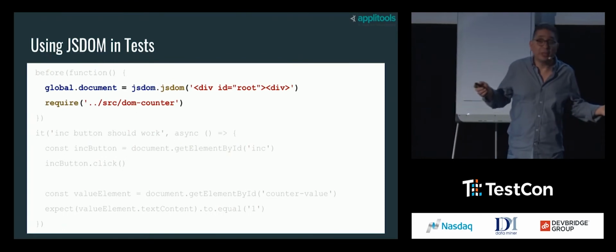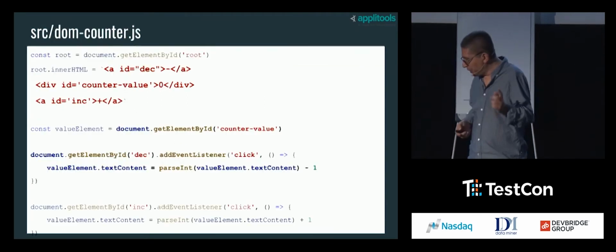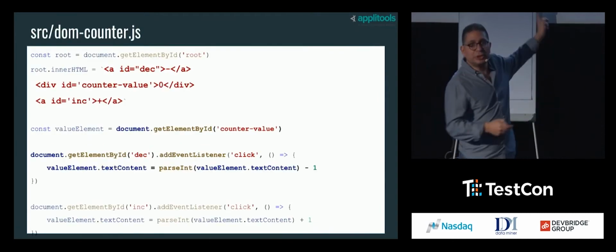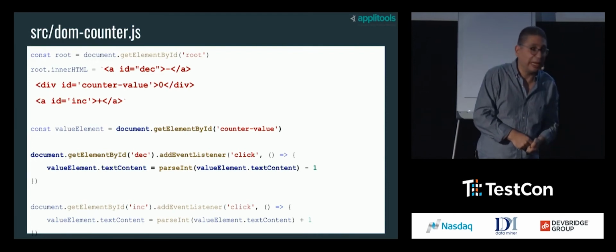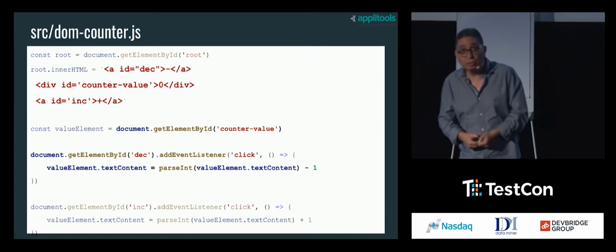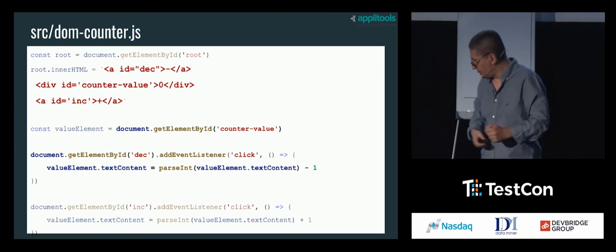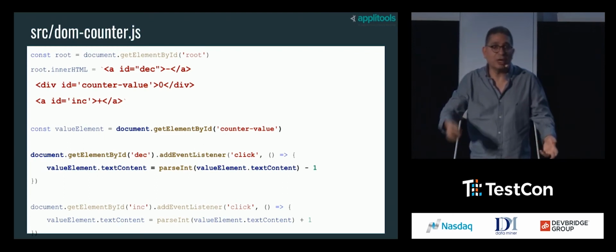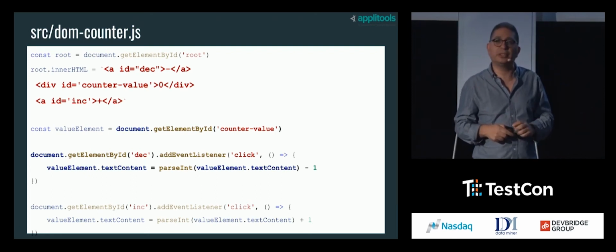So we can just require the app. Remember the app? The app just uses document. It does getElementById, gets the root element, inserts innerHTML, then adds event listeners. All these things will work under the new document that we created under JSDOM.